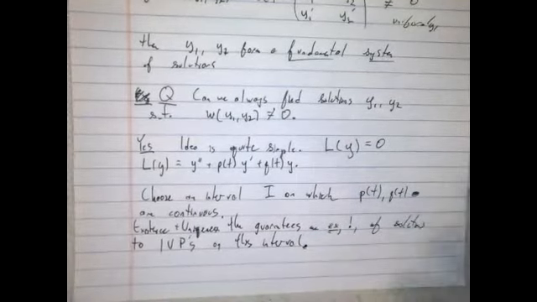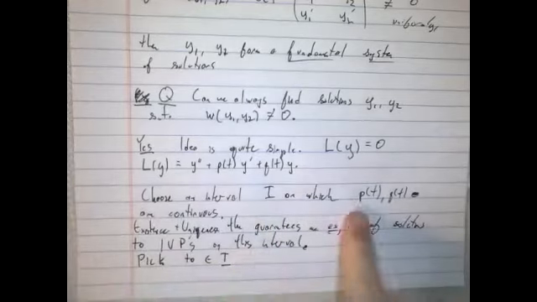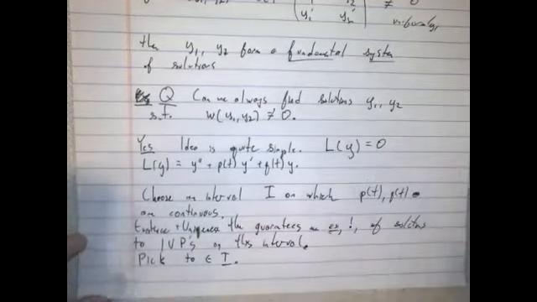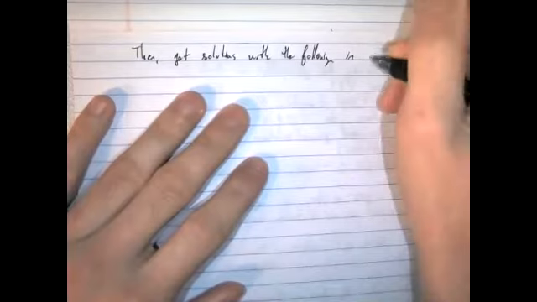So now all I have to do is explicitly choose some initial data such that the Wronskian at t0 will not be 0. So I pick t0 inside this interval I, on which p of t and q of t are continuous. And then I should move on to a new paper. Then I ask for solutions with the following initial data.